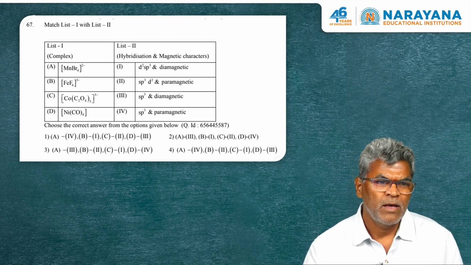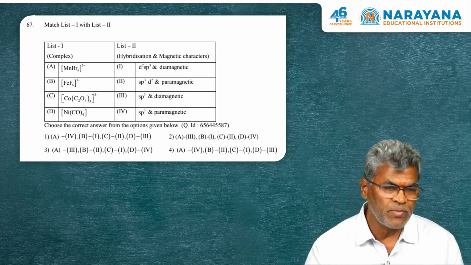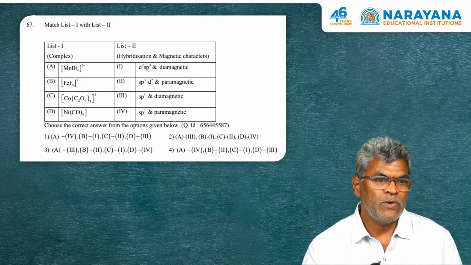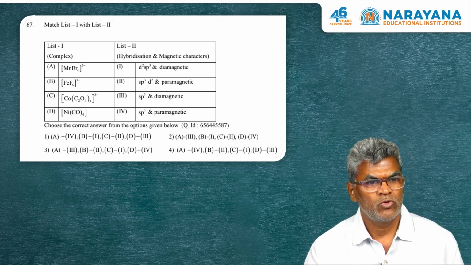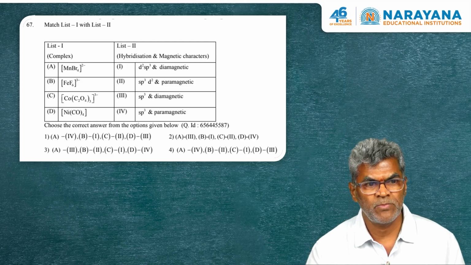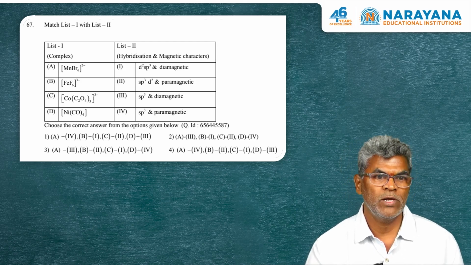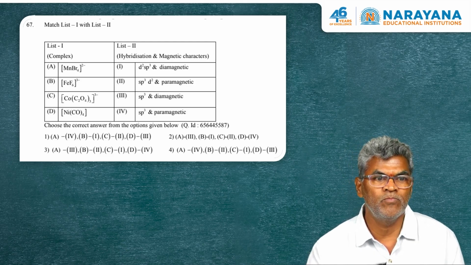Mn here will be in plus 2 oxidation state. Plus 2 means 5 unpaired electrons will be there, that is why it is paramagnetic in nature. Fe, F6, again fluorine is a weak field ligand. So, iron is in plus 3 oxidation state. Plus 3 means again 5 unpaired electrons are there, outer shell complex only, but here it is coordination number 6, that is why the hybridization will be sp3d2.